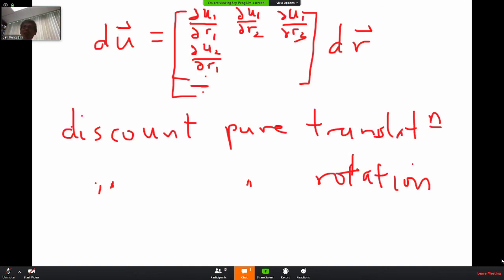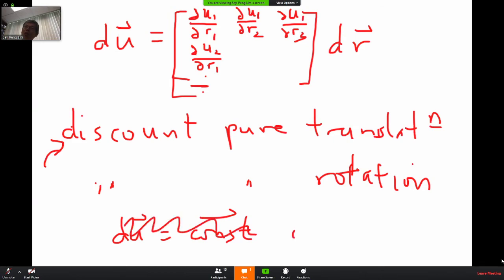But anyway, to discount translation is easy, because if it is pure translation, du is just a constant, right? Constant vector. So if you take this matrix of partial derivatives, it's all zero.